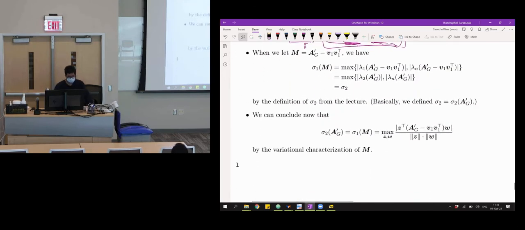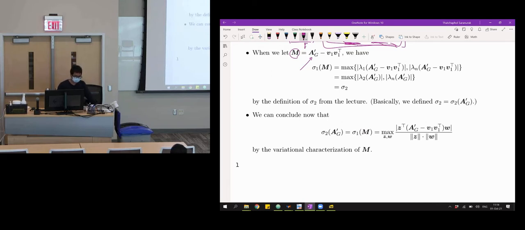So now, yeah, we are done, because we come back to our context where we look at the normalized adjacency matrix, and you subtract this, where V1 is the first eigenvector of A prime G. You take M to be this matrix, right? This is the normalized adjacency matrix.